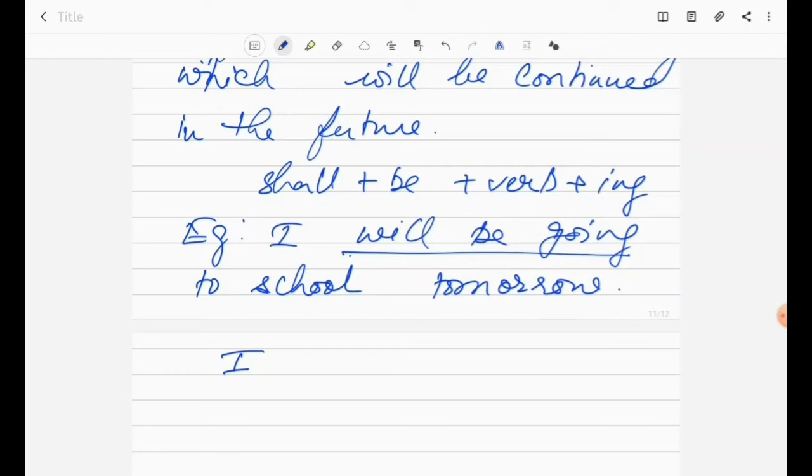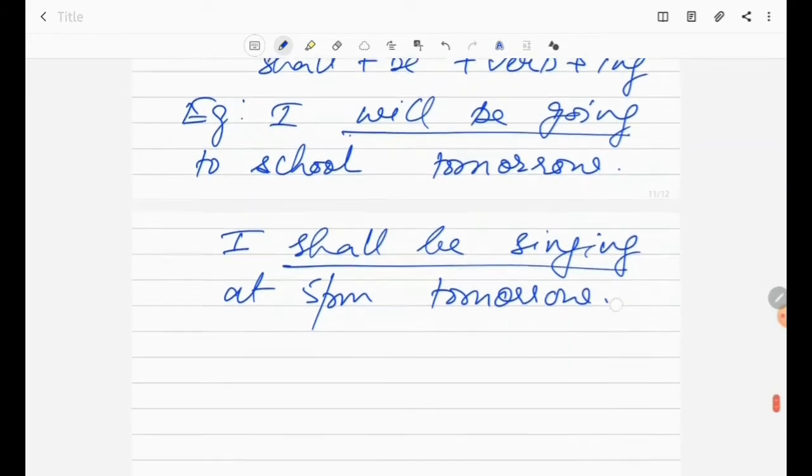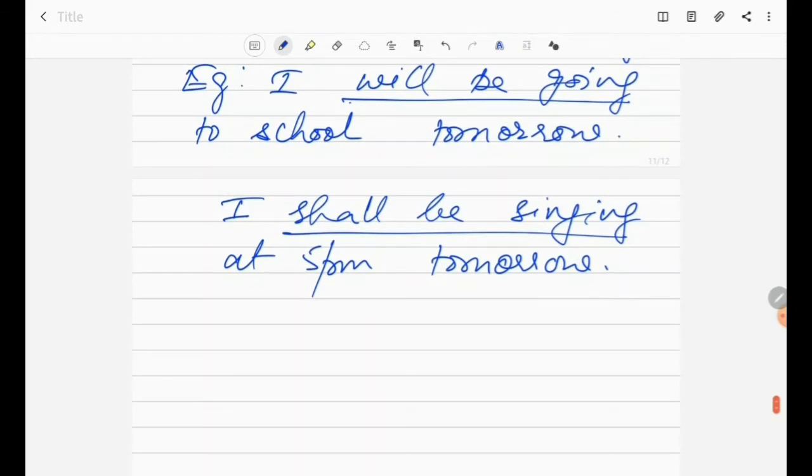At that point of time, we also use a future continuous tense. Like, I shall be singing at 5 p.m. tomorrow. So this is an action which is a pre-planned action which you have decided, and it is going to be continued in the future.